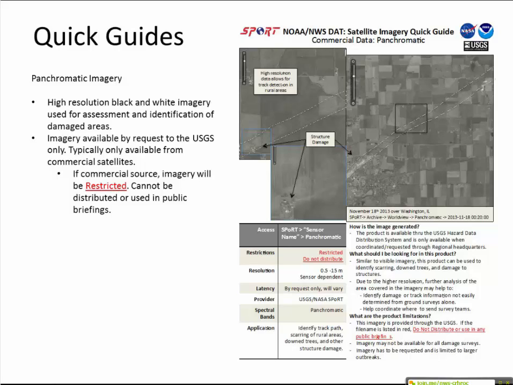And when you are able to pull this up in your own DAT to look at the archive, there's 5 or 6 panchromatic images that you can go through and follow the path through. Again, this is used for widespread track path identification, scarring in rural areas, down trees, and other structural damage because of its high resolution. Next slide.